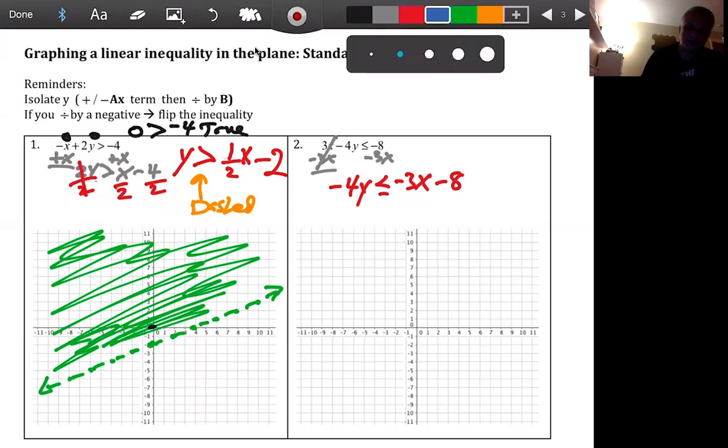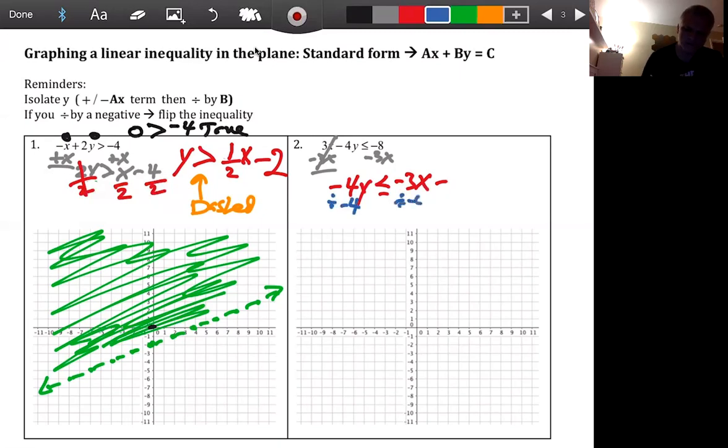That's probably one of the tougher steps to do right there, just keeping your signs in check. All right, next thing, we are going to divide by the b term. So we have to divide by -4. We have to also divide the 8 by -4.